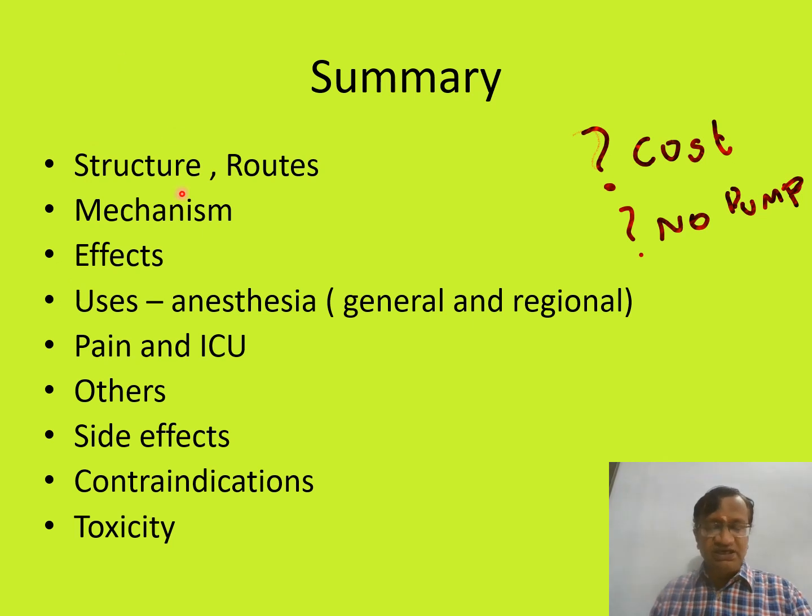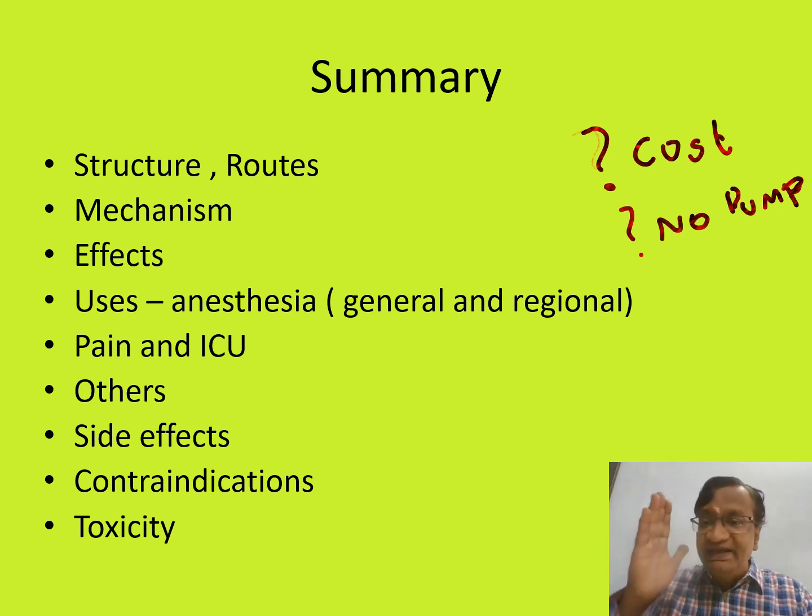Now, structure: it is an imidazoline derivative close to noradrenaline. Routes: oral, intravenous, or even intramuscular. We can use it epidural, caudal, or spinal, transdermal patches. Everything is there. Mechanism: predominantly alpha 2 agonism.